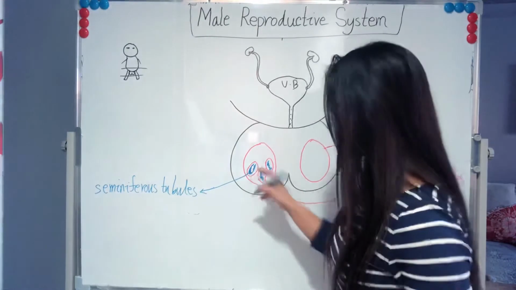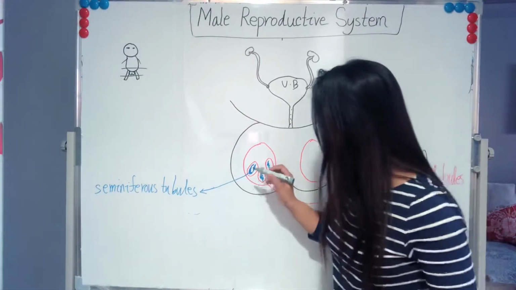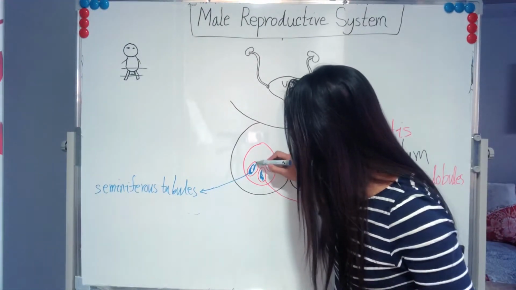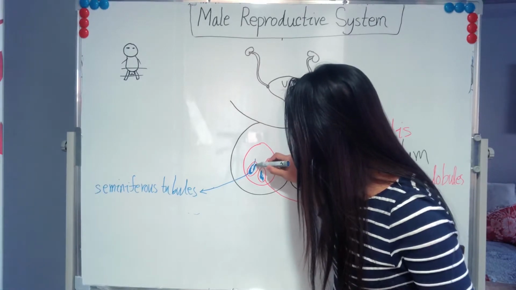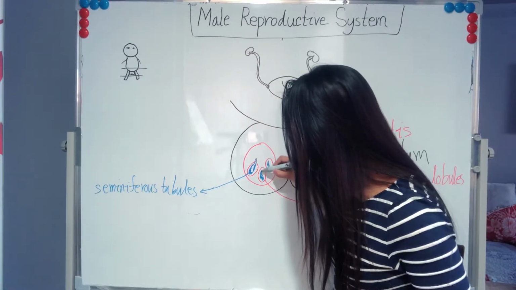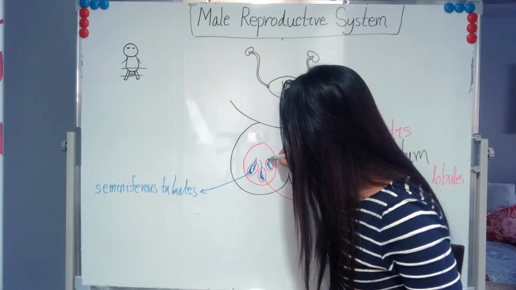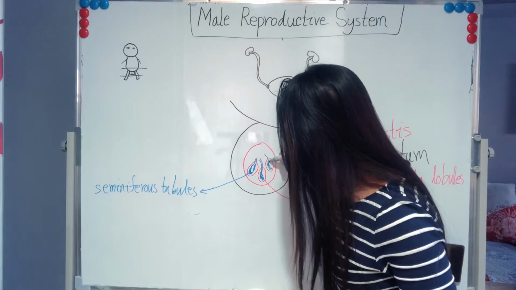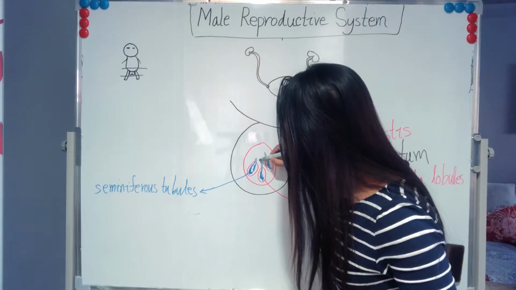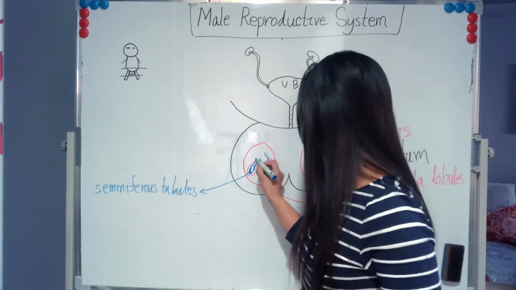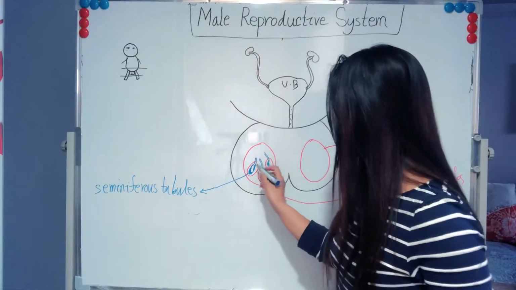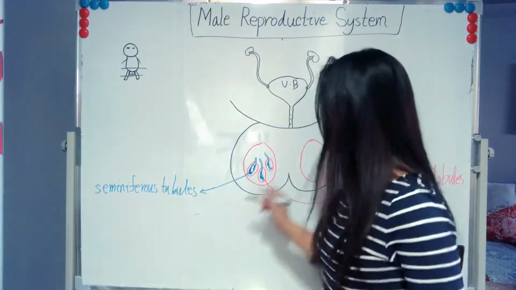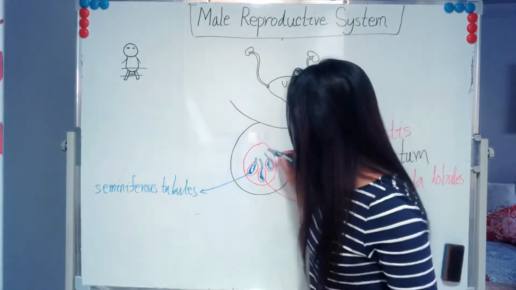So these are seminiferous tubules. Then these seminiferous tubules go outside and make small tubules, and these tubules are called tubuli recti.